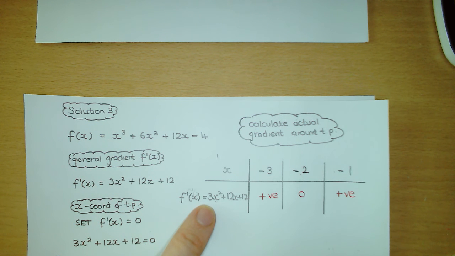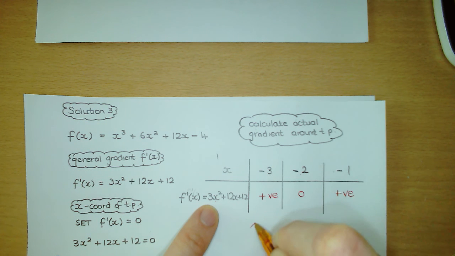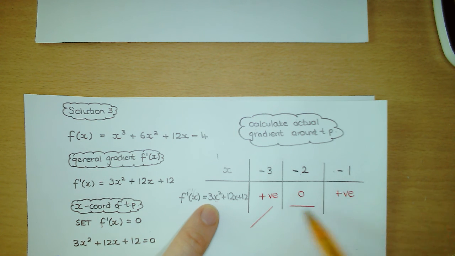So this is what's happening around the turning point. The actual gradient of the tangent immediately before the x-coordinate of the turning point is positive. So if you draw a tangent to the curve, it would be sloping up at that point. At the turning point, if you draw a tangent, it would be a horizontal line, because obviously the gradient of a horizontal line is 0.